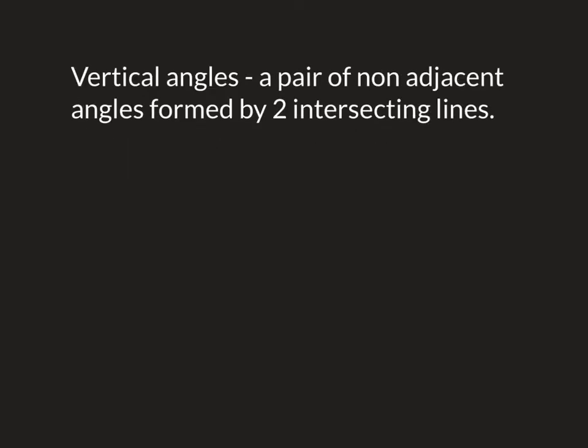The next definition I want to go over is vertical angles. So vertical angles are a pair of non-adjacent angles that are formed by two intersecting lines. So let's draw our two intersecting lines. Let's make them yellow.